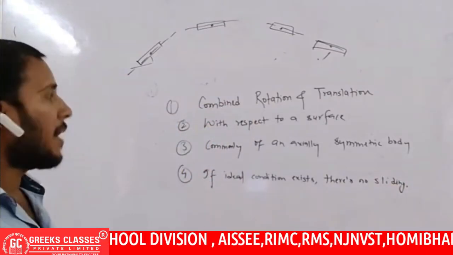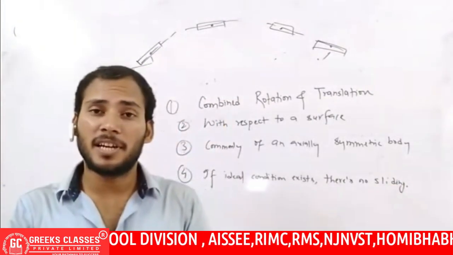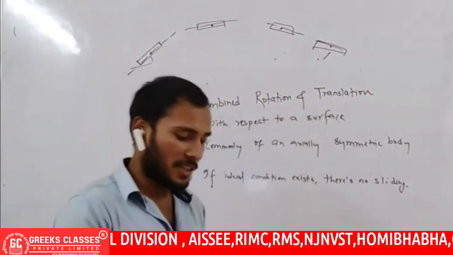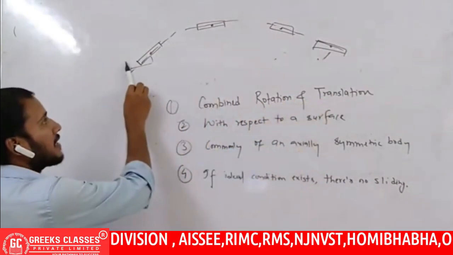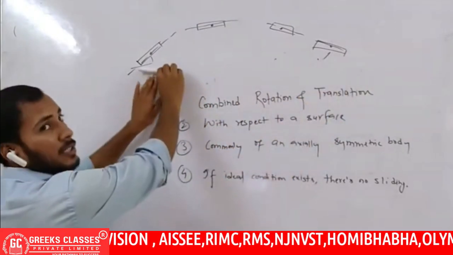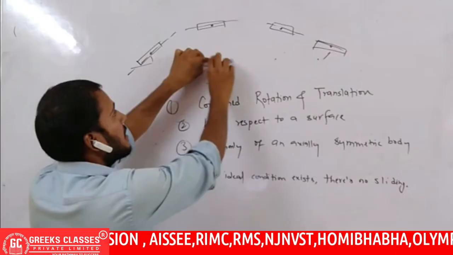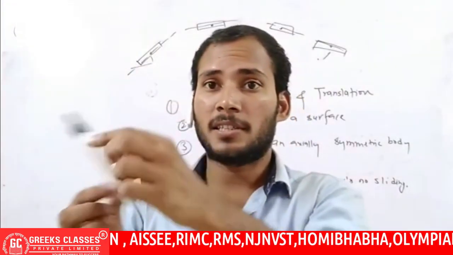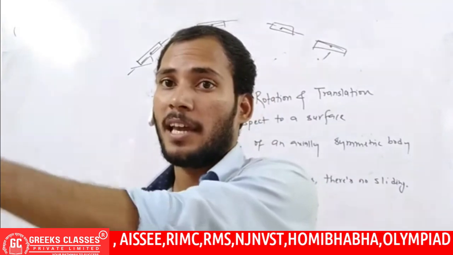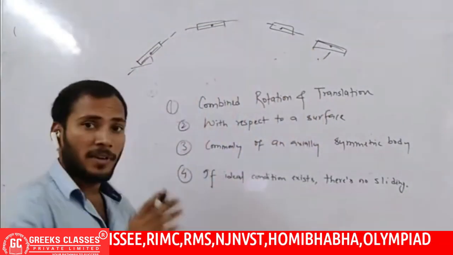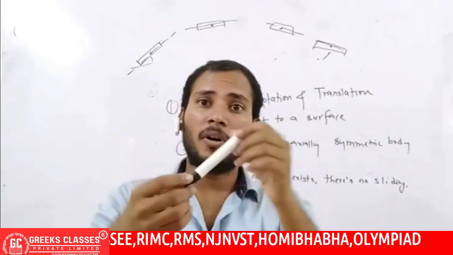First one is combined rotation and translation. As we studied rotational motion, first we will differentiate between rotation and translation. If a marker goes like this, something like this, it is a translation motion. But if a marker goes like this, it rotates like this. In this case, the center of mass is translating, moving, as well as the marker is rotating. The whole body is rotating.